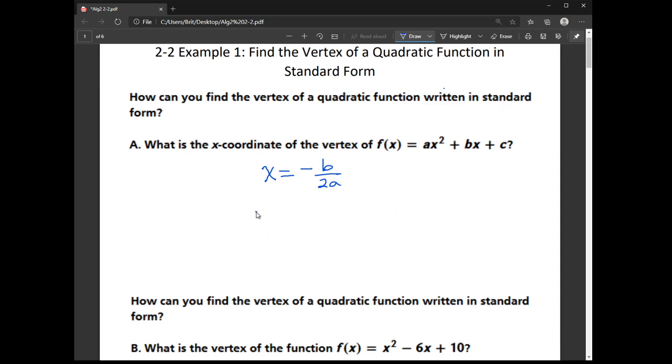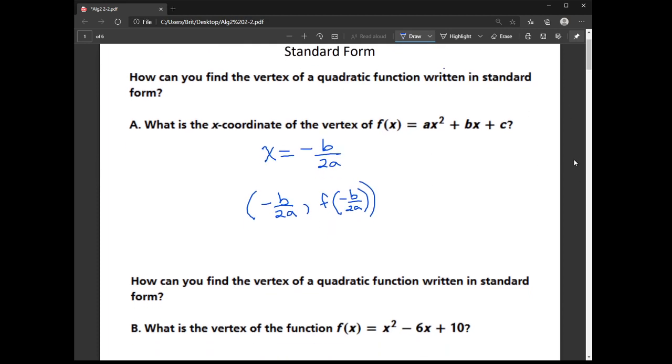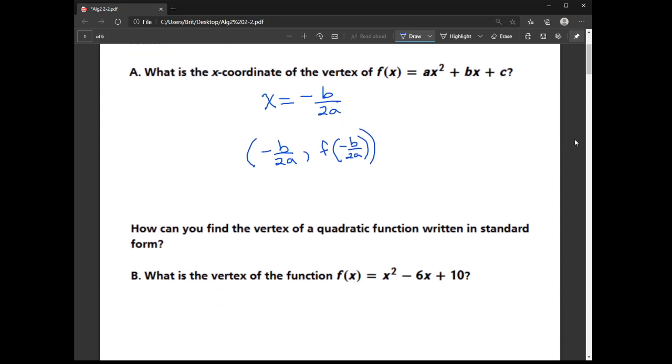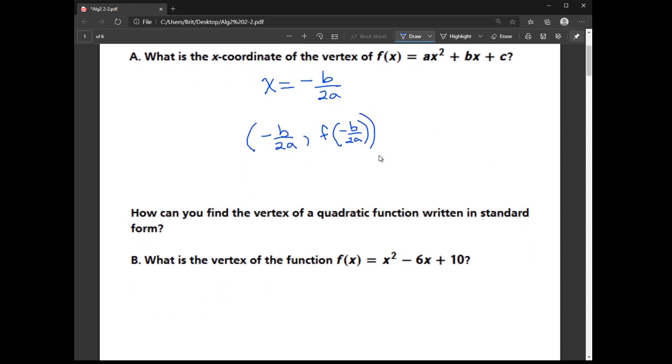So you get this ordered pair of negative b over 2a, that's the x value, and then the y value is the value of the function at that value. Let's see it with numbers, because I think that's a little easier than just talking theoretically.